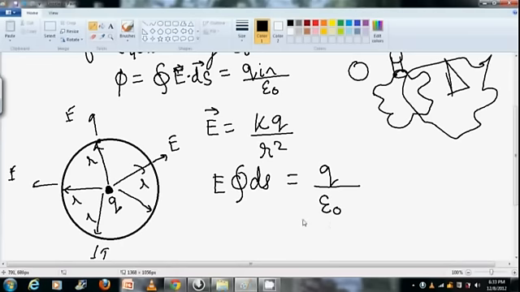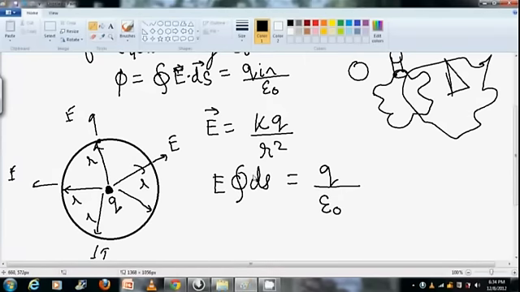So the surface integral of E ds is equal to q in by epsilon naught. Now what is the surface integral? It means addition. If I add all the small surface areas of this full sphere, I get the total surface area of the sphere.